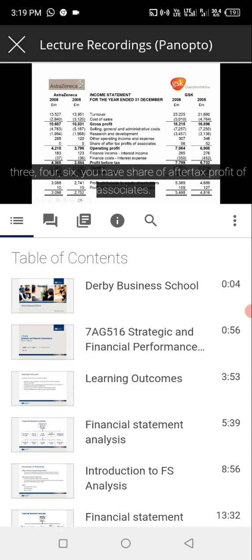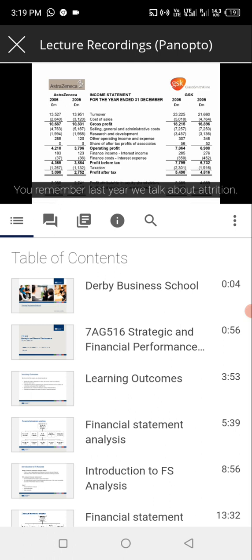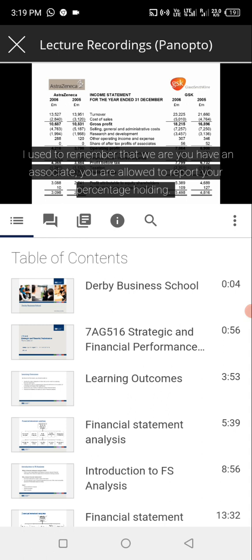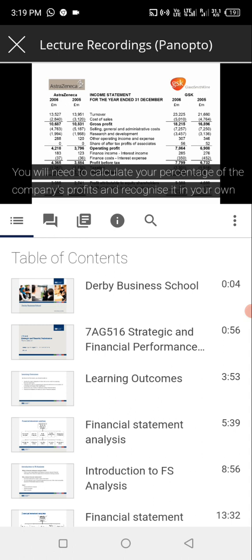You have share of after-tax profits of associates. Remember last week we talked about associates. Where you have an associate, you are allowed to report your percentage holding. You will need to calculate your own percentage of the company's profit and recognize it in your own account, because that's your own portion. That is why we are seeing it here.